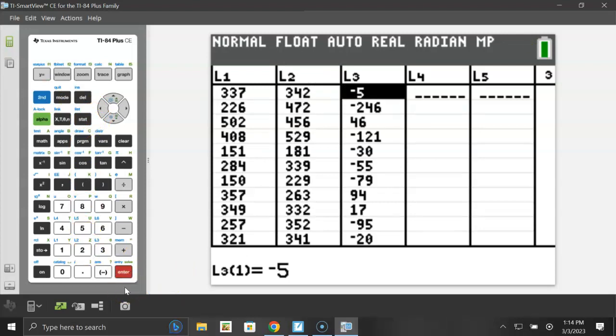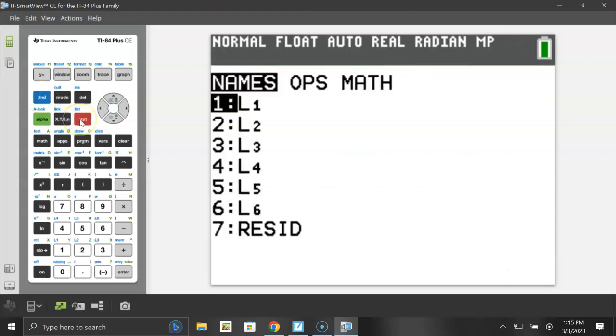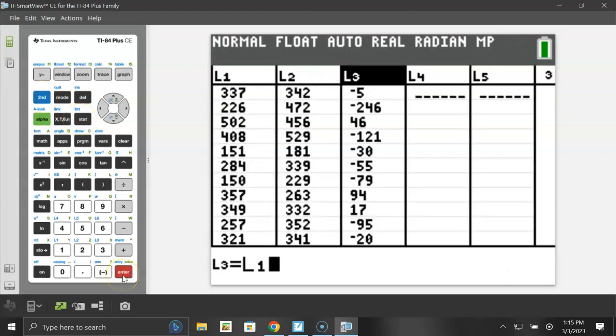No touchy the buttons, just watch. Go to the list you want to dump it in, which is list 3. Go up to the top, because normally this is where we hit clear, yes? Now remember, we hit second list to get all of our different lists. So hit second list. I want to do list 1 minus second stat, list 2. Hit enter. Magic.